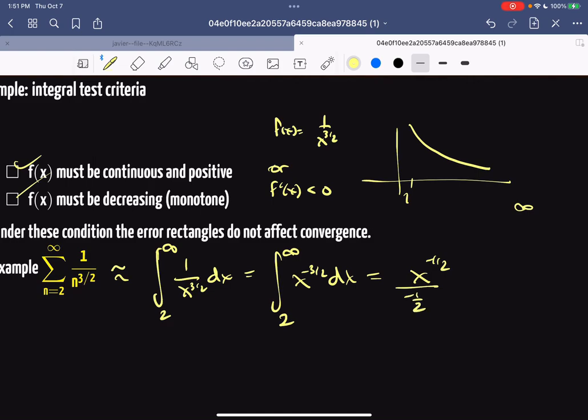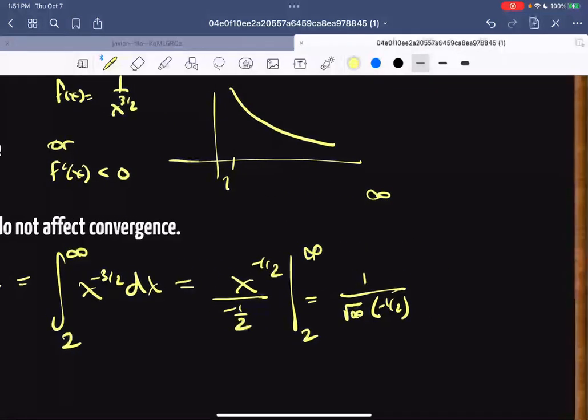I added 1, I integrated from 2 to infinity, which is equal to 1 over square root of infinity times negative 1 half, minus 1 over negative 1 half times the square root of 2. And that's going to give me 1 over infinity minus 1 over negative 1 half square root of 2. And that's going to give me something finite.